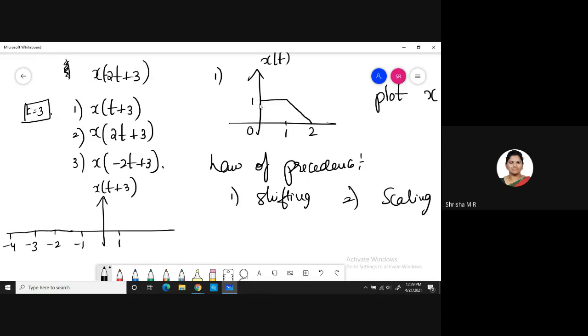So the signal which you have at 0 will go to minus 3, correct? Yes or no? Yes, ma'am. The signal which is at 1 will go to minus 2. The signal which is at 2 will go to minus 1. Clear everyone? With an amplitude 1. Is it clear?